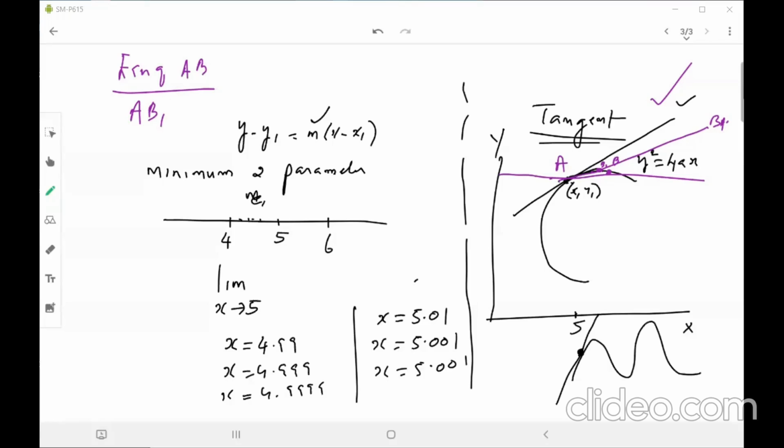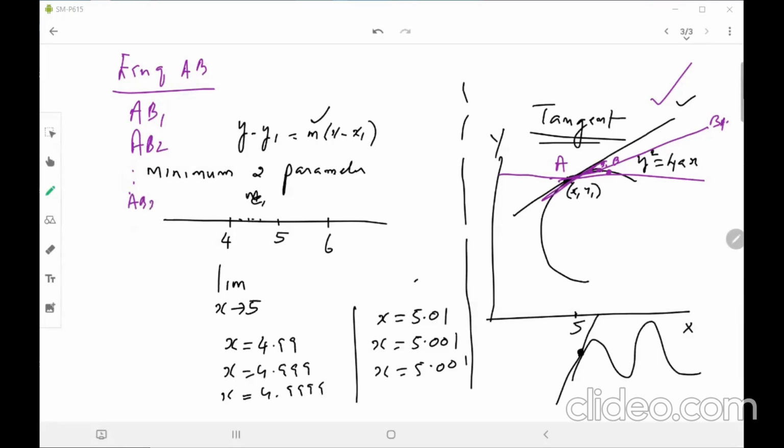This process I continue. B1 comes to B2. B2 is somewhat nearer to your line. B2 is closer to your A. I draw a line like this. I proceed like this. I find AB1, AB2, AB3, etc.